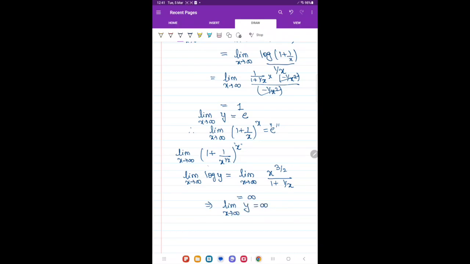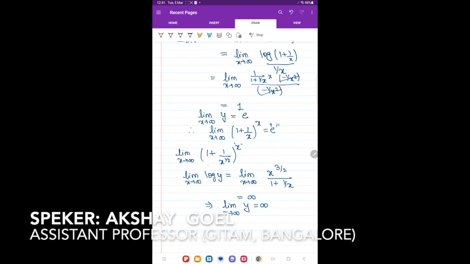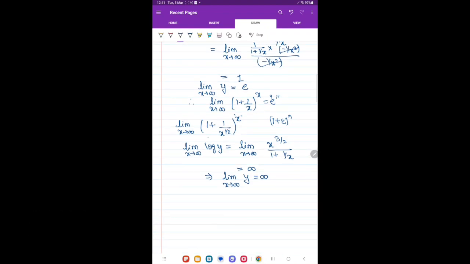As I said, since f of x is approaching 1 very slowly as compared to g of x, it is something like 1 plus epsilon raised to power n, where n is very very large, and therefore this limit blows up to infinity.